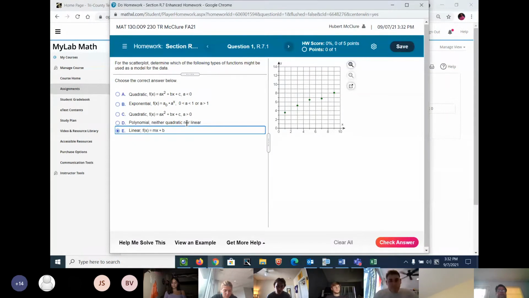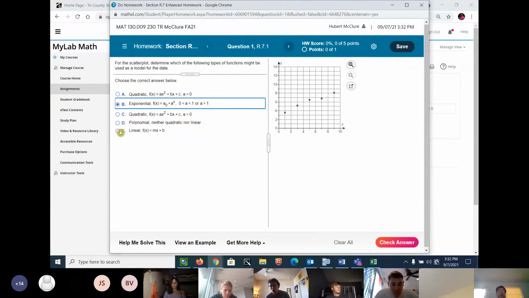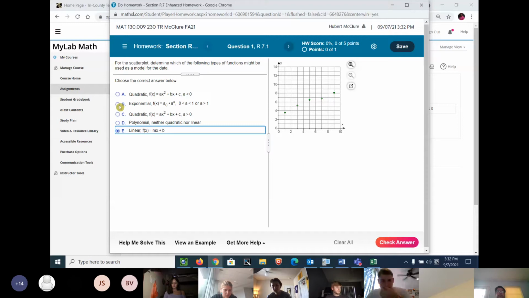I don't know. Exponential, we said exponential could fit it. I say it's either linear or exponential, but since we're in exponentials and logarithms, I'm going to say exponential. Let's see what it says. Nope. So let's try linear. Yep, it was linear.